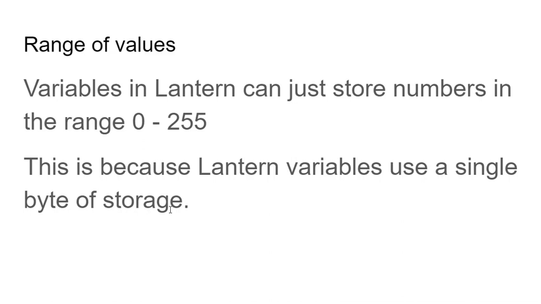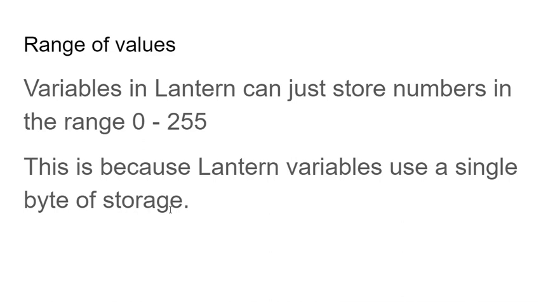The biggest value you can have with 8 ones and zeros would be all ones, and in binary, that is 255. So 255 is the biggest value you can have in a variable in Lantern. And there are no negative numbers either. Again, this was just for simplicity, so I could get this thing cranked out as fast as possible.